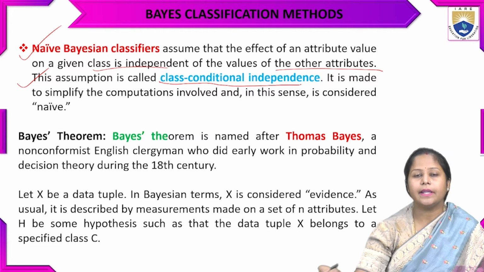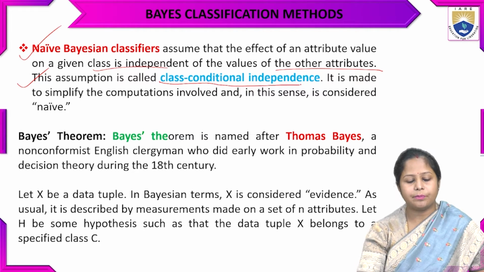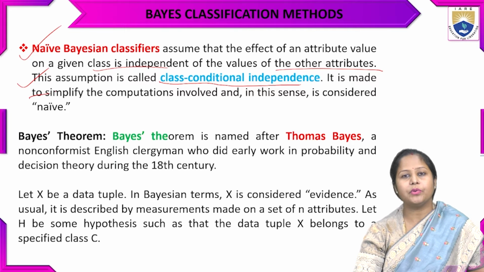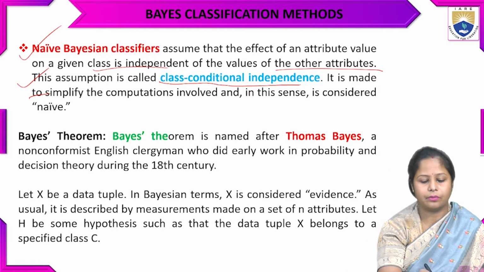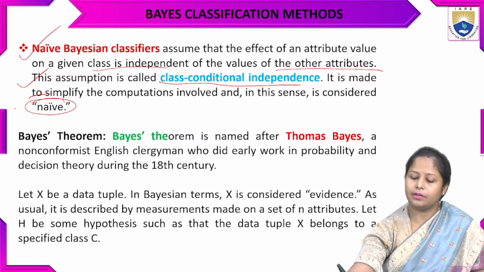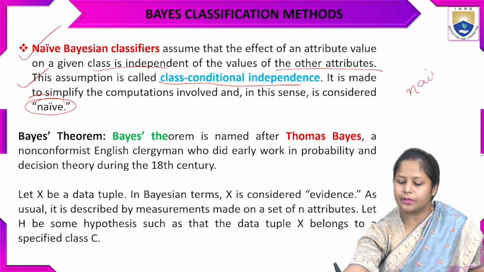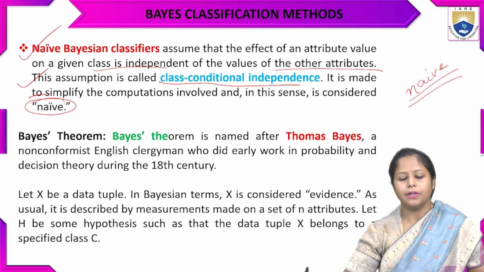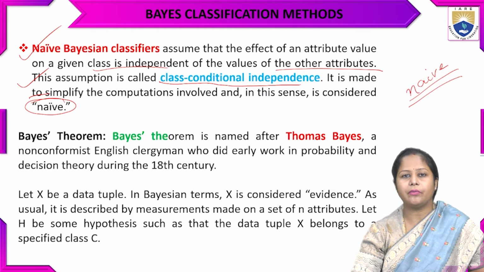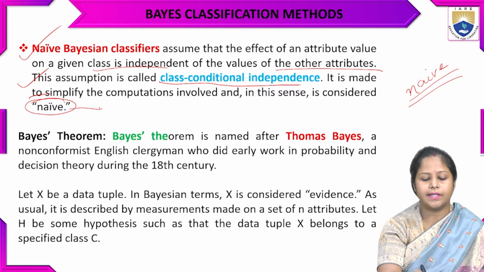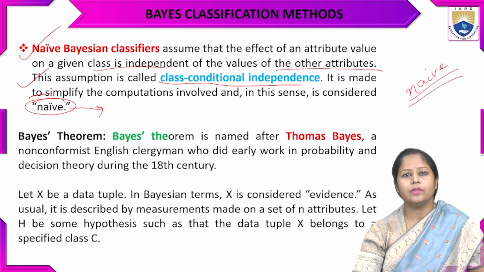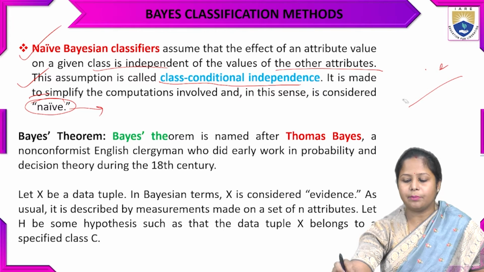It is made to simplify the computation involved, and in this sense it is considered naive. So the word naive came from that, and it is called naive Bayes. It is basically based on the Bayes theorem.